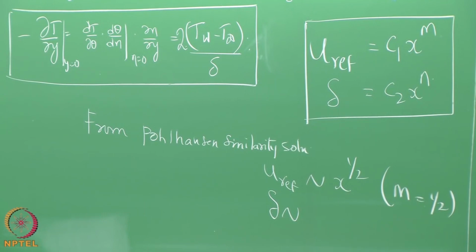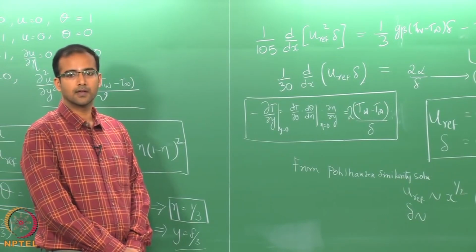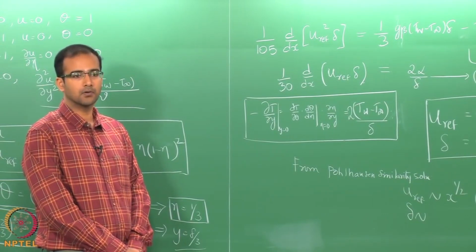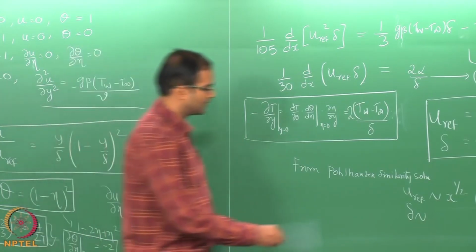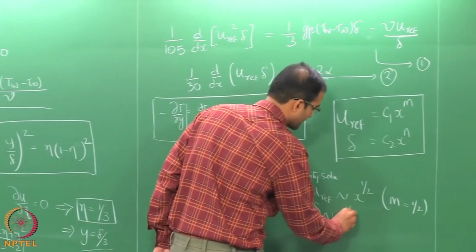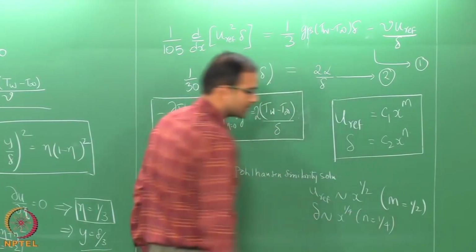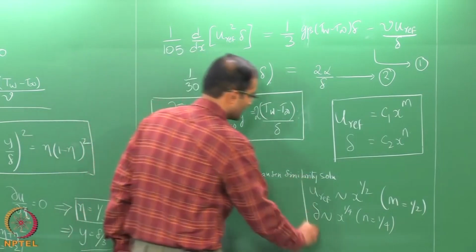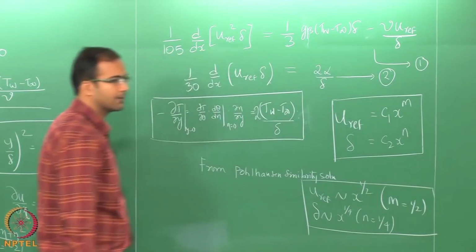X by Grashof number to the power 1 by 4. Okay. So, we have 1 minus 3 by 4, that is x power 1 by 4. That is n equal to 1 by 4. So, this is what we should be finally concluding from the approximate solution.